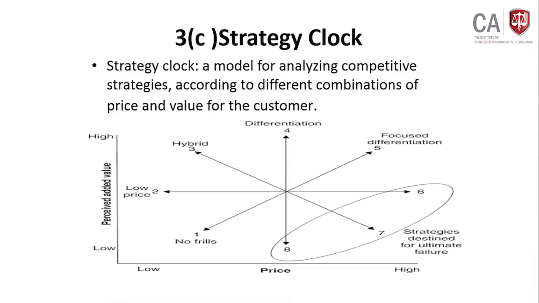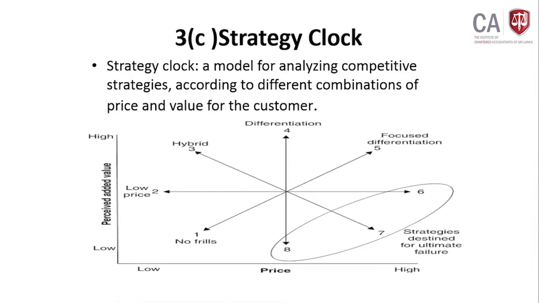Under the perceived added value, we look at whether the added value amount is low, medium or high. For example, quality may be an added value the customer expects. Quality can be low, medium or high. When you combine these two, we have 8 options.